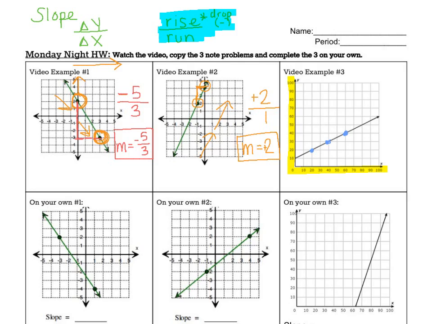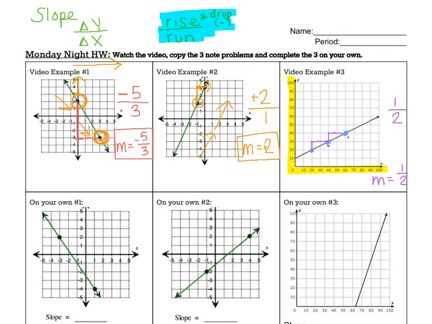And we're going to think of rise over run. To get from the first point to the second, I'm going to rise 1, run 1, 2. Rise 1, run 2. So I think that my slope is 1/2, and I can go ahead and double check that. So to get from the second point to the third point, I should also be able to rise 1, run 2.